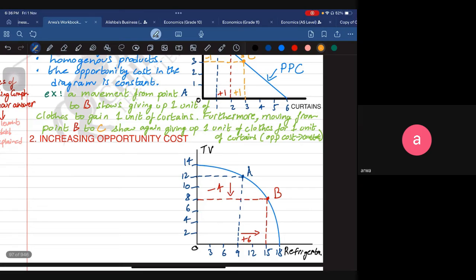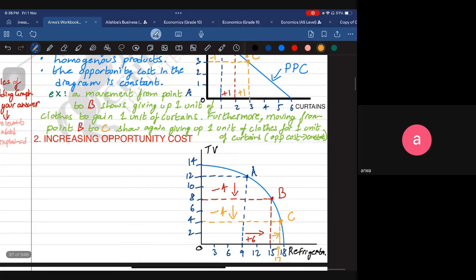Now, if we make another point, which is probably coming here, and we are making, like, how many should we consider? 17, probably. So now you are losing again 4 units to gain 2 units. Very good. To gain 2 units.